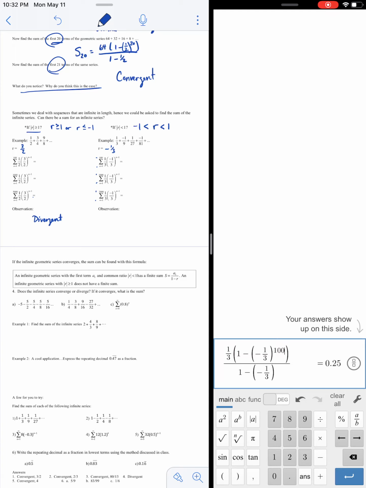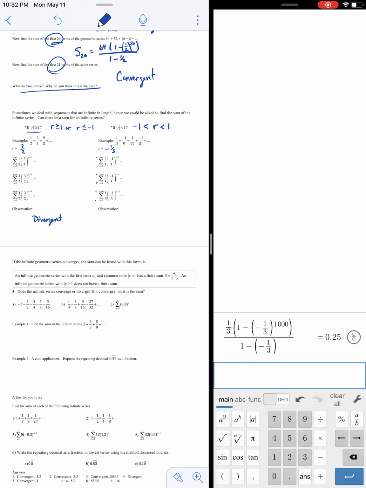If I were to go and do the first 1,000 terms, I get 0.25. So why is that? Well, it's because the calculator has decided to start rounding. The calculator at some point decided, well, it's close enough to 1/4, we're just going to call it 1/4.